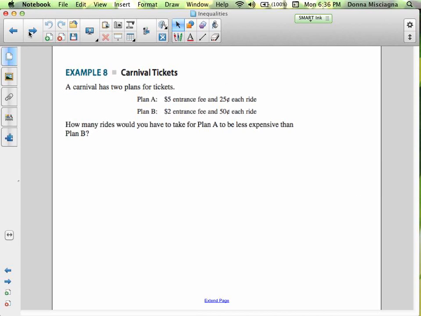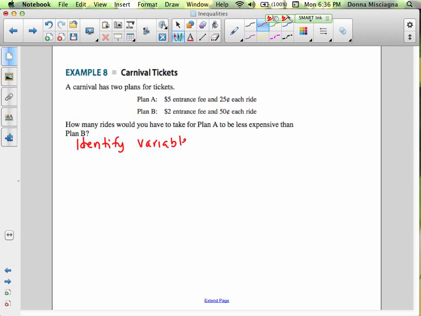All right, so now our very first step is let's identify our variables. So we can call x the number of rides.